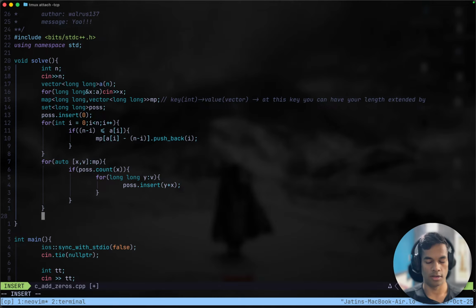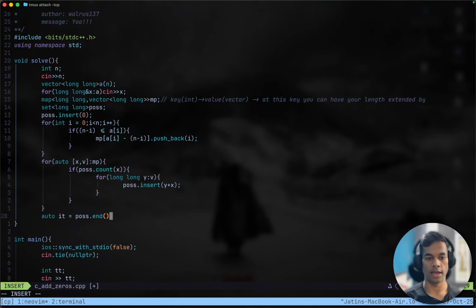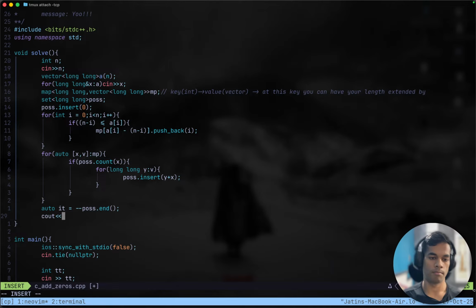And yes, auto it iterated to the biggest element possible. That would be pos.n minus minus, and output the current length a.size plus possible length, and we will make this whole thing a long plus 0 ll.